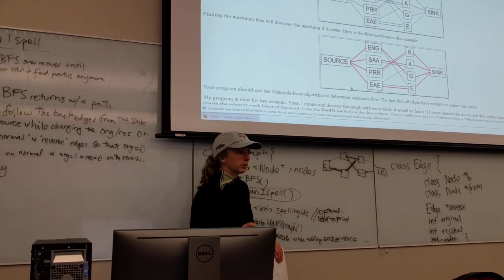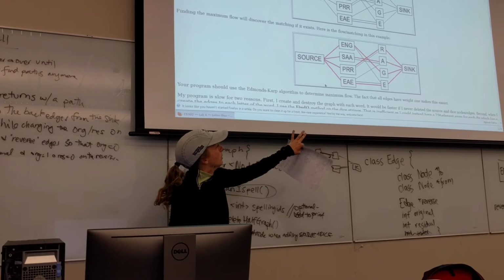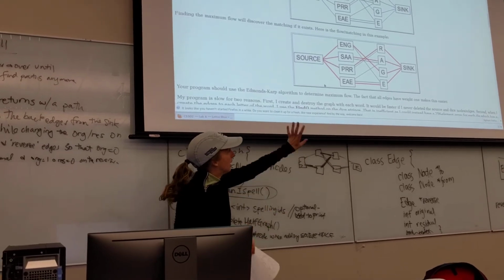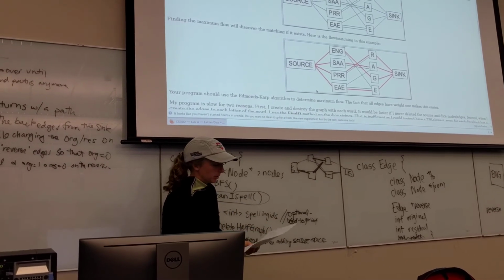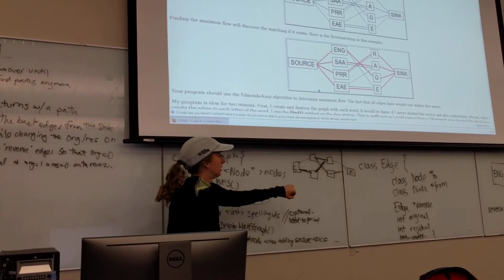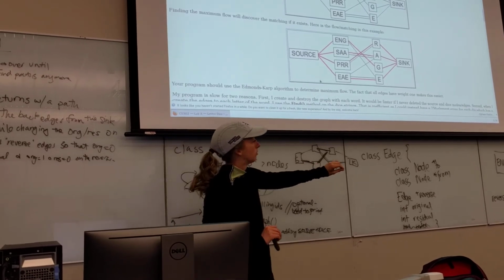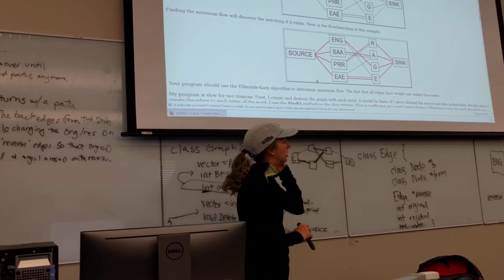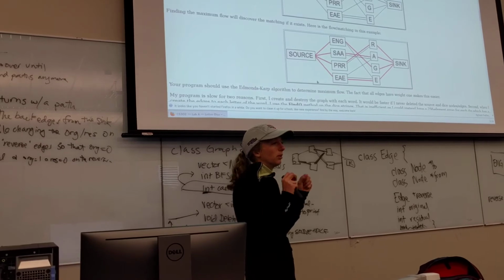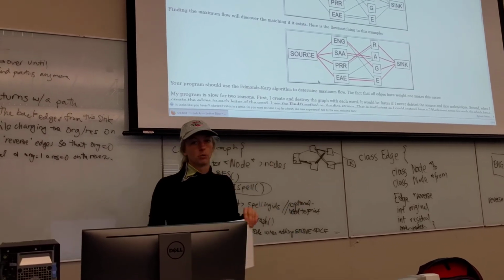Remember seeing those examples in class? It was hard for me to think of an example of an augmenting path off the top of my head, but I found one in my notes that I might show you guys, where you go backwards to actually find the path. You need to have the reverse edges set up so you could use them potentially to go back to find a path. And if you set it up this way, it'll work.